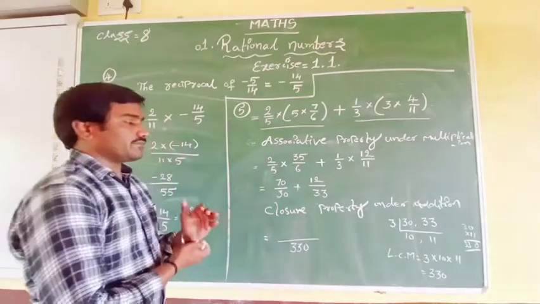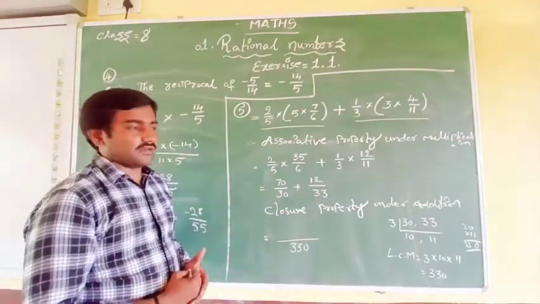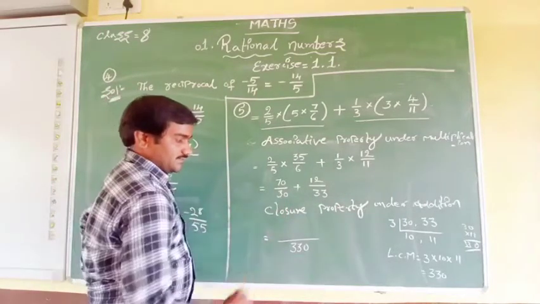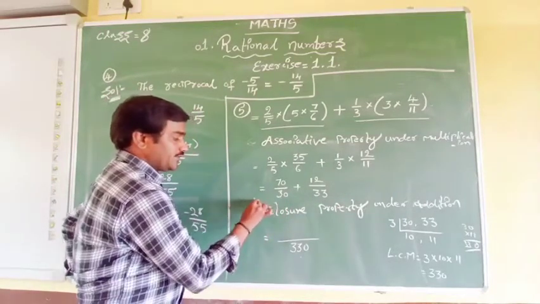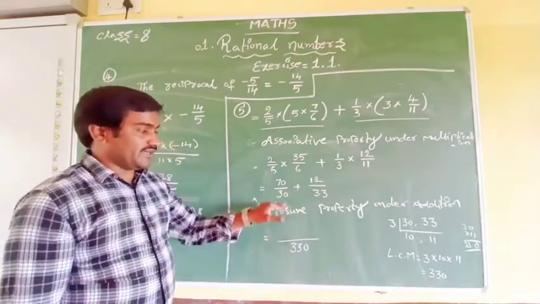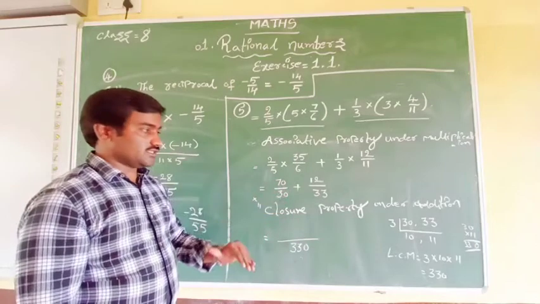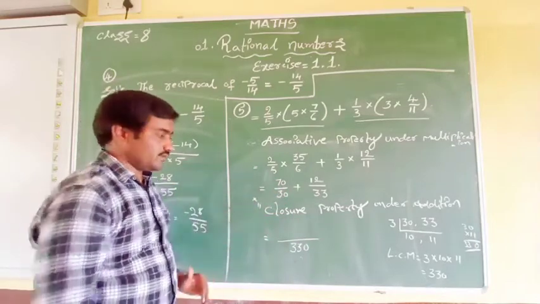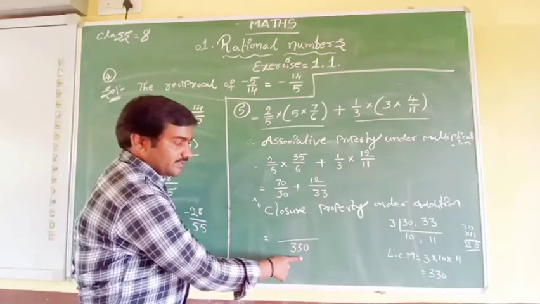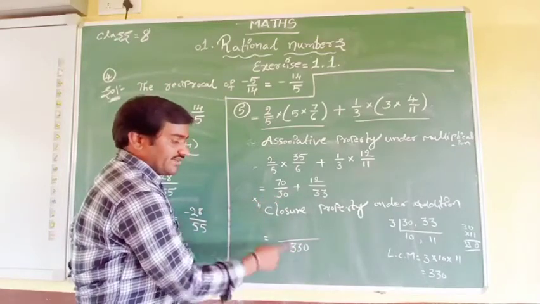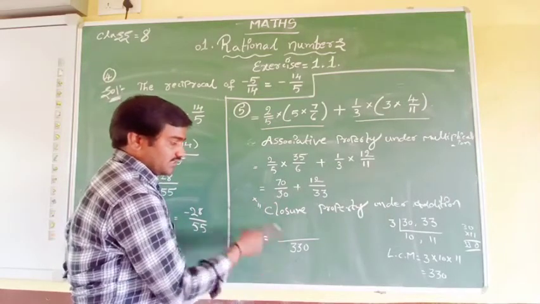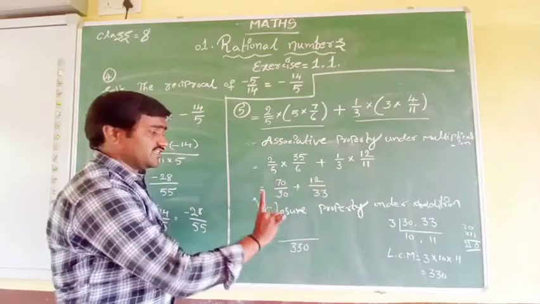Now this term we need to do this way. 30, how many times is 330? 30 into 11 is 330. That means LCM by denominator into numerator. This is the process we need to follow while taking LCM. This 11 into 70 is the easiest process actually.